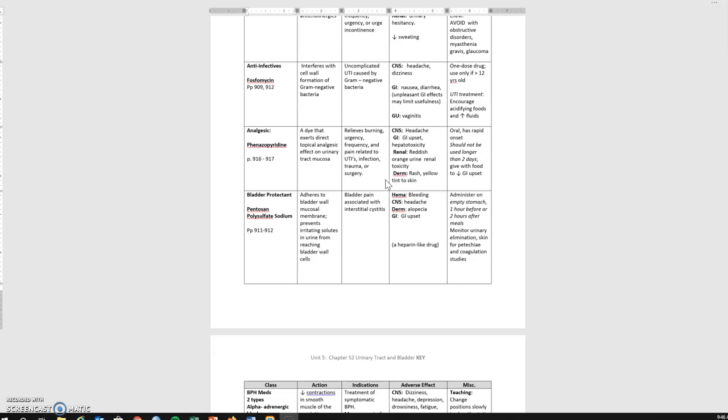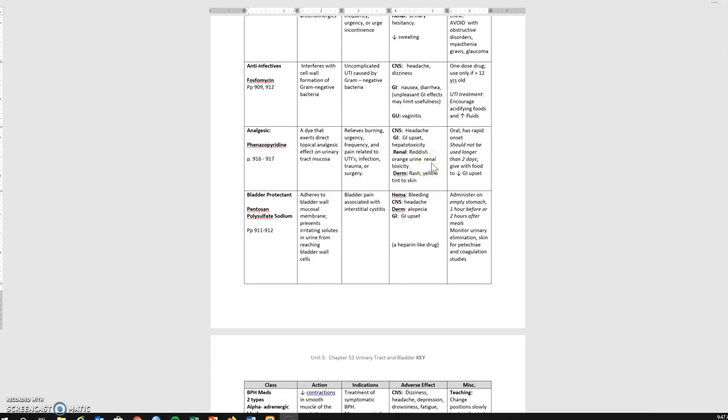Phenazopyridine is a dye that exerts a direct topical analgesic effect on the urinary tract mucosa. It turns the urine orangish red and can also cause GI upset and can cause hepatotoxicity. So patients need to be instructed that their urine will turn orangish red while on this drug because they won't expect that unless you tell them.